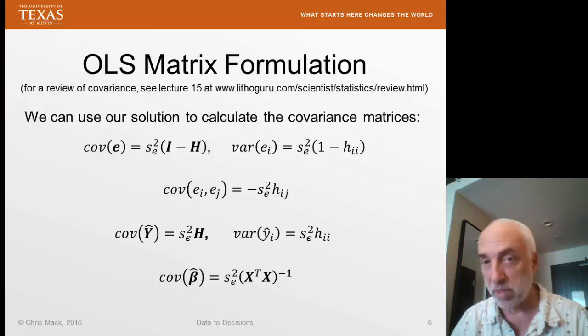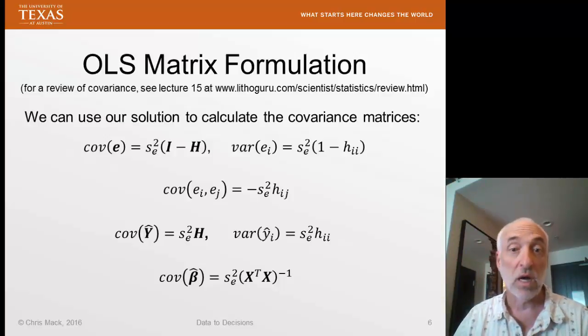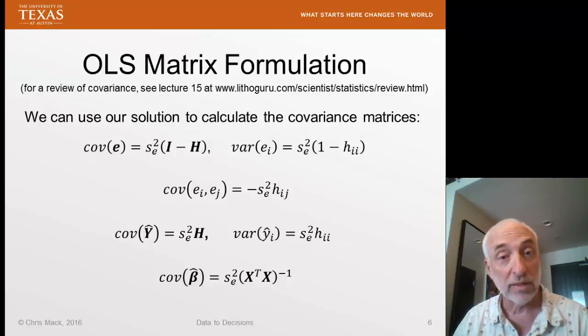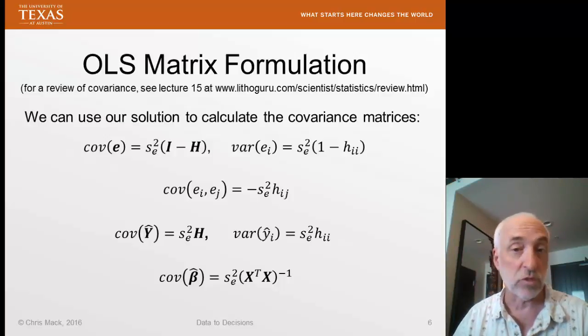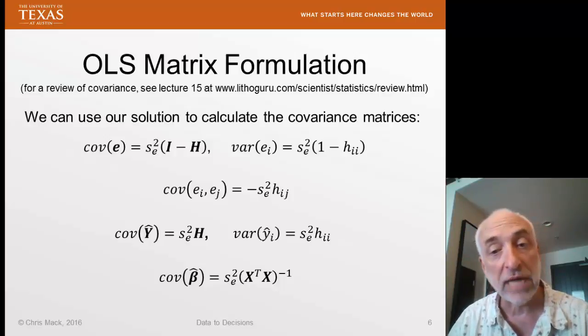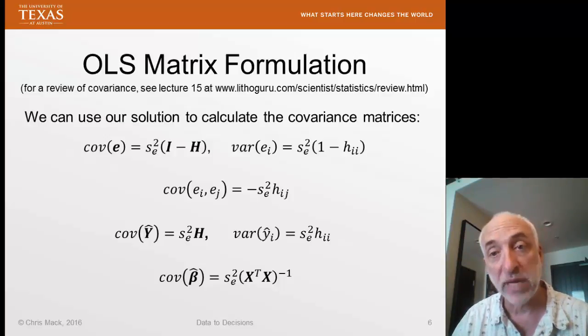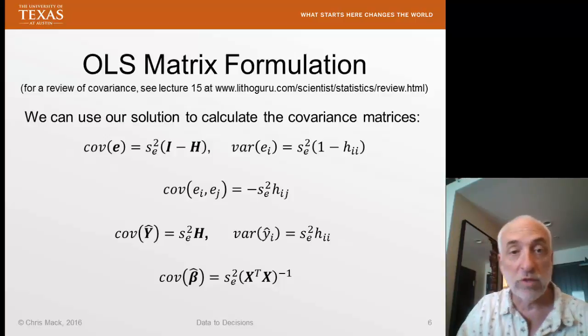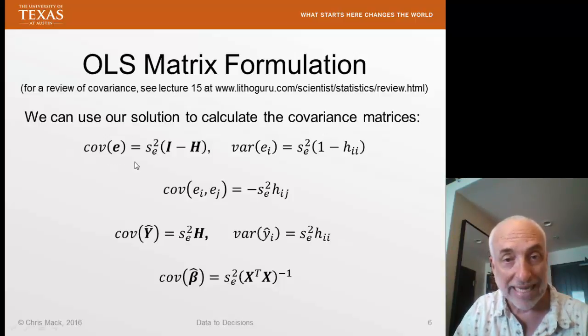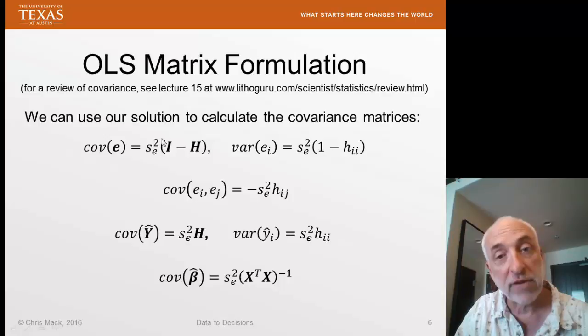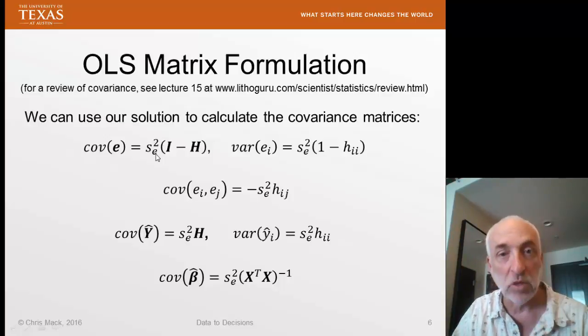That will explain a little bit about what the covariance is. But we can calculate the covariance of the residuals, the covariance of the predicted values, and the covariance of our estimated data parameters.